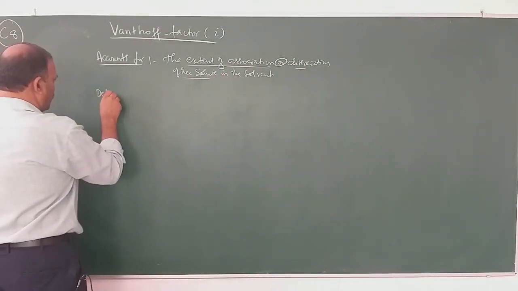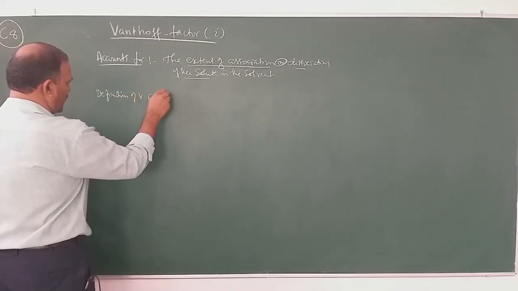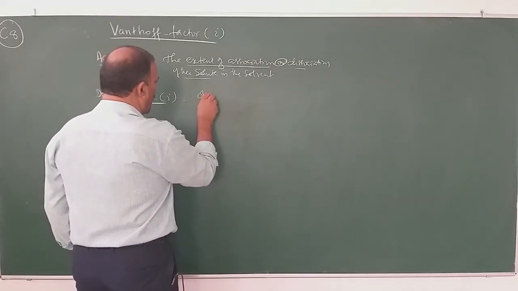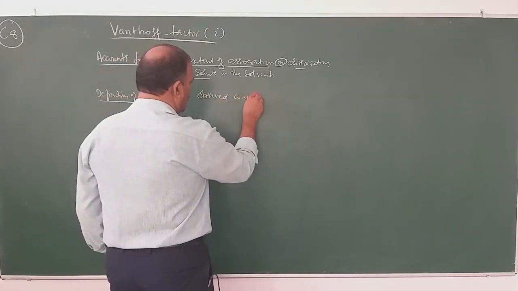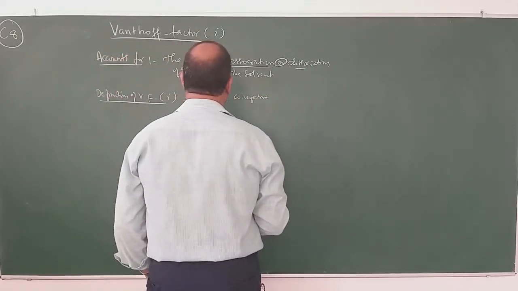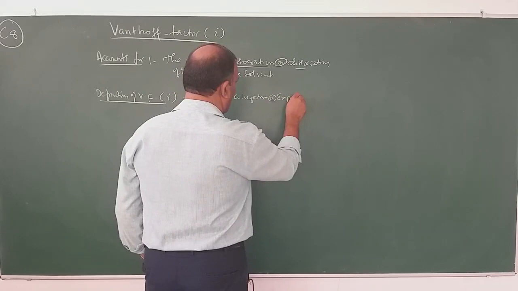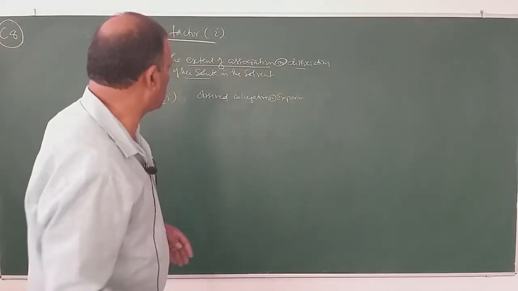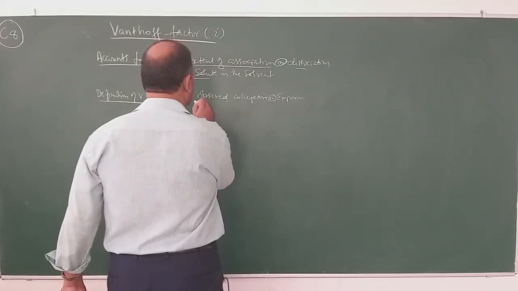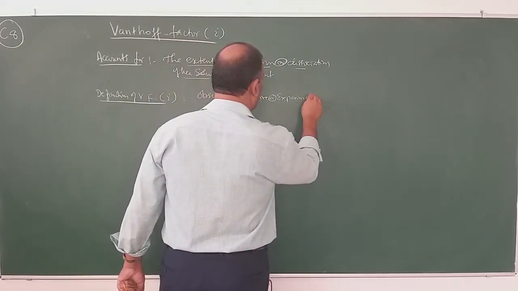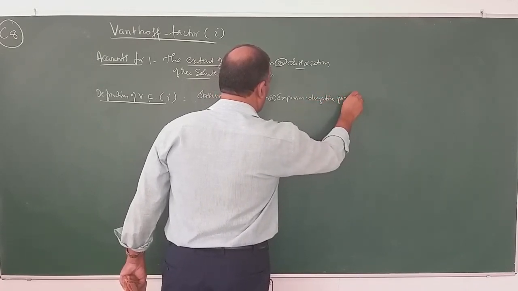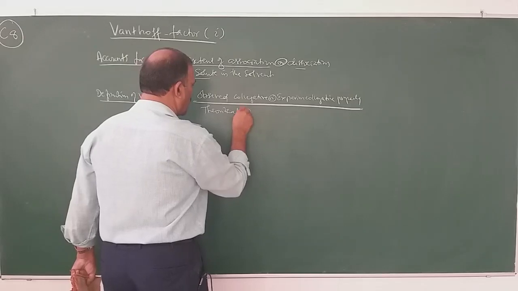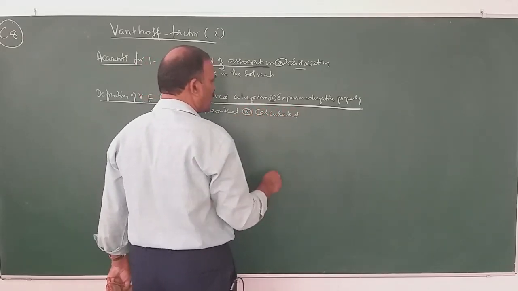Coming to the definition of Van 't Hoff factor i, it is the ratio of observed or experimental colligative property over the theoretical or calculated colligative property.